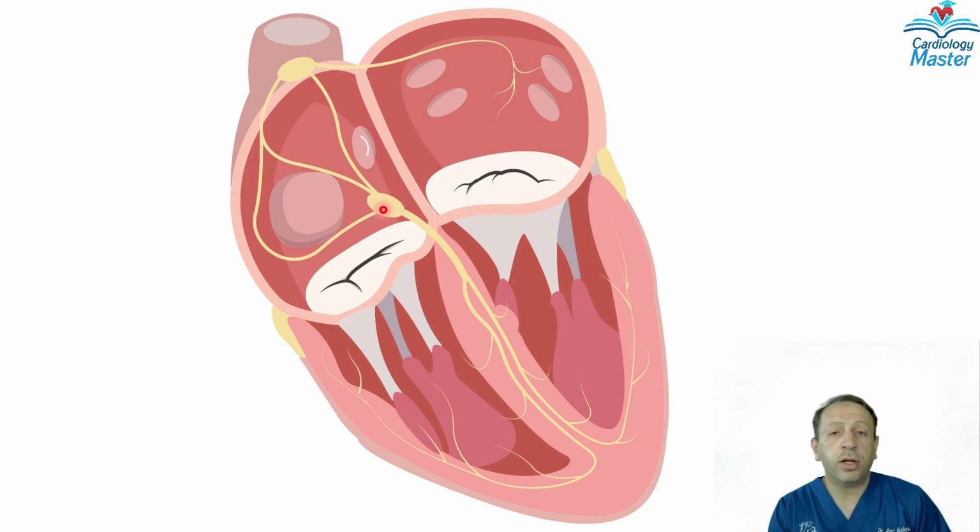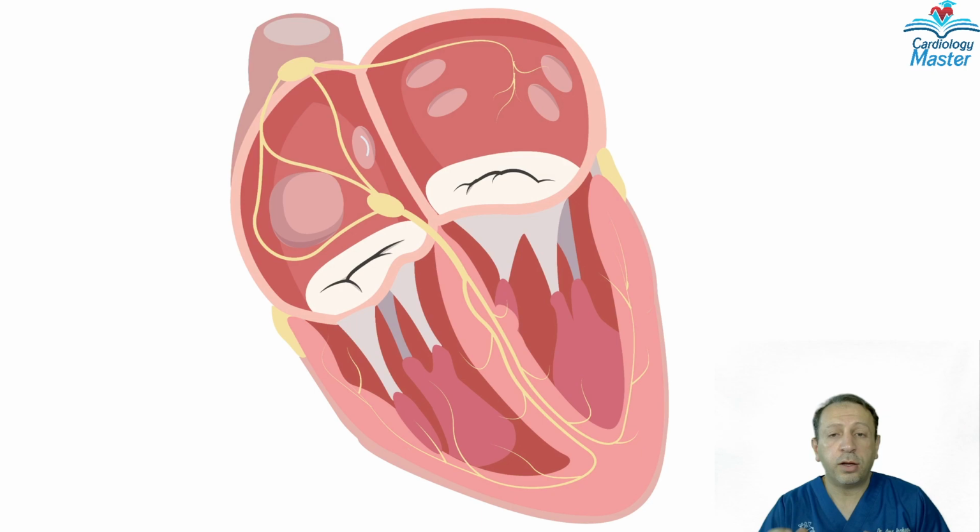You know that the AV node has decremental properties. These decremental properties mean that it has a slower conduction and it makes a delay in the conduction from the atria to the ventricle. Why does that happen?